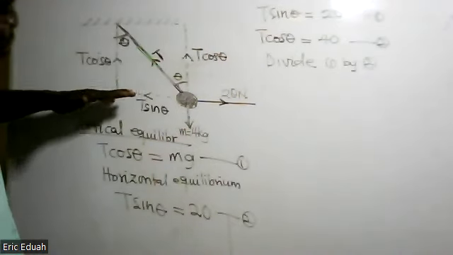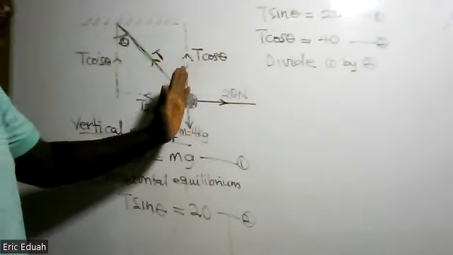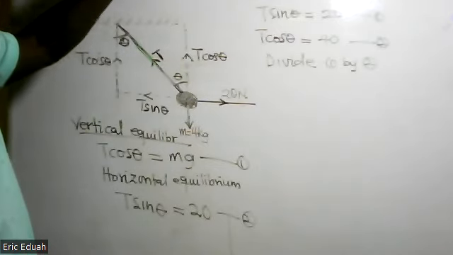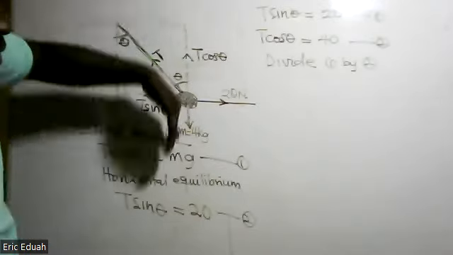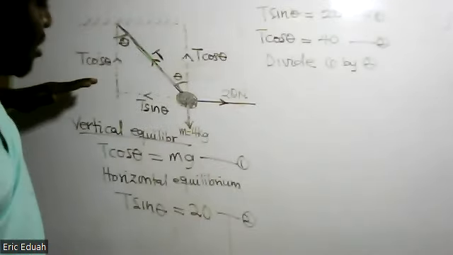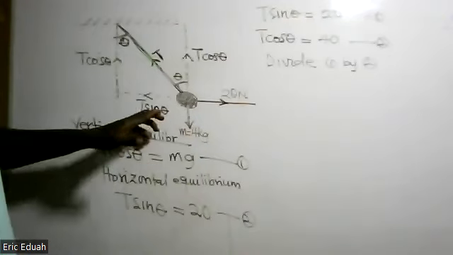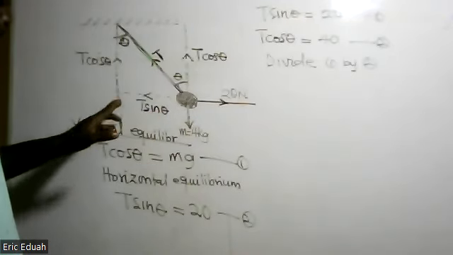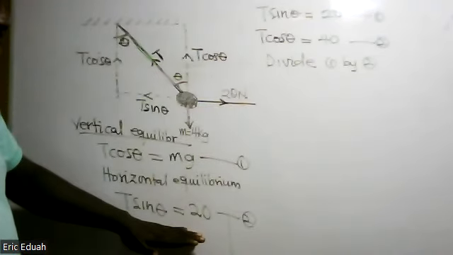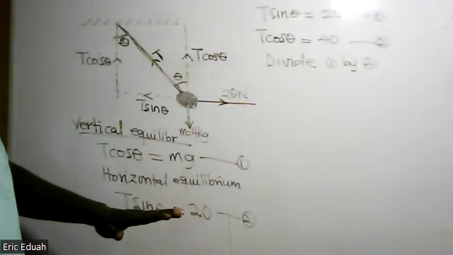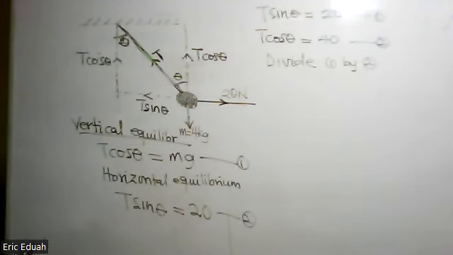So it means that when we look at vertical analysis, T cos theta must balance the weight, mg. Horizontal analysis, T sine theta must be equal to the horizontal force pulling it. That's it. Are you okay? Yes, please. Good.